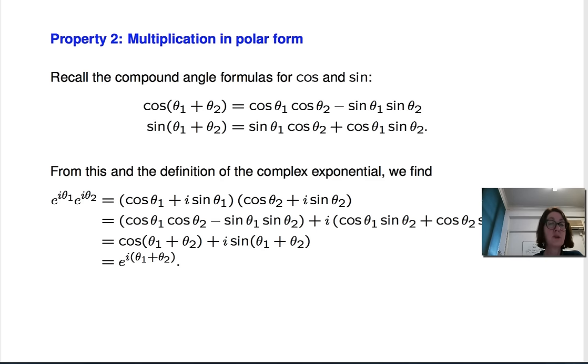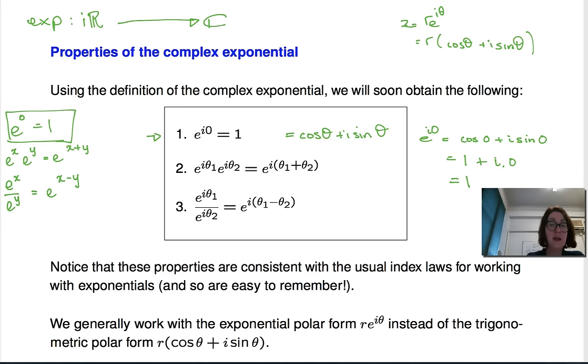So now we're going to look at property 2 and show you why it works. Property 2 says e to the I theta 1 times e to the I theta 2 equals e to the I theta 1 plus theta 2. So that's analogous to this result here: e to the x, e to the y equals e to the x plus y.